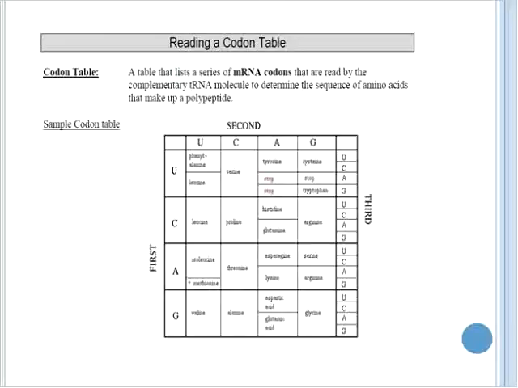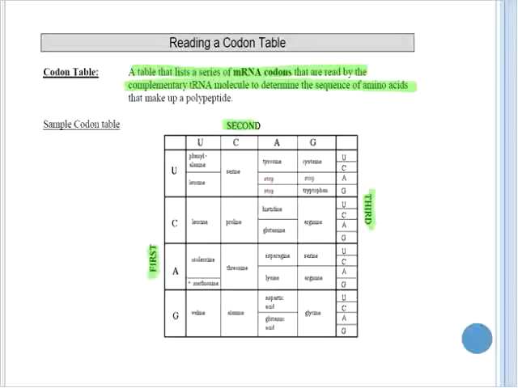In completing problems, completing questions on your test, you will need to read a codon table. All a codon table is a table that lists a series of messenger RNA codons that are read by the complementary transfer RNA molecule to determine the sequence of amino acids. For example, each codon is comprised of 3 bases.